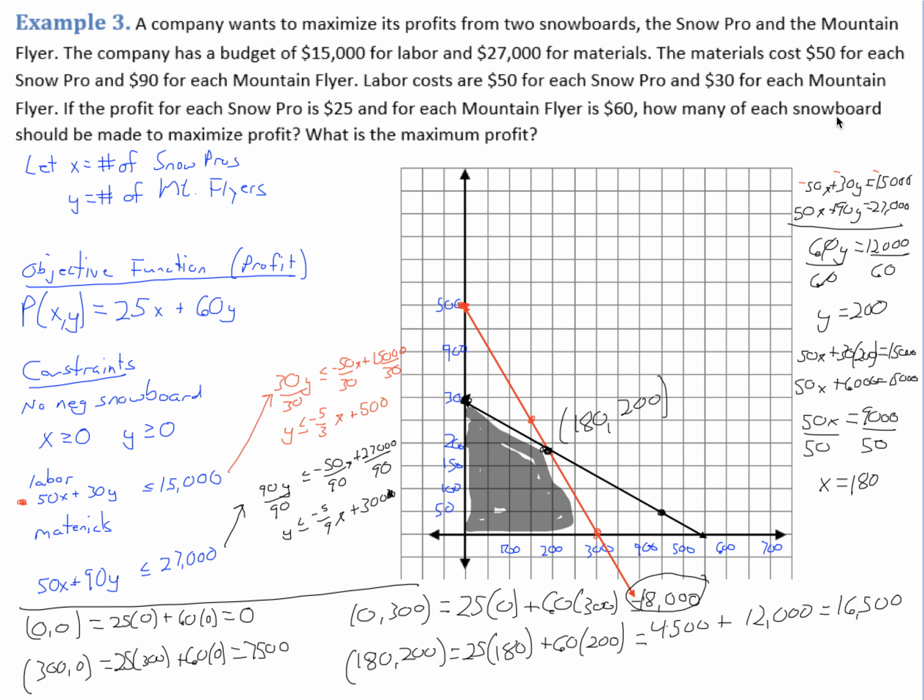So how many of each snowboard should be made? 0 snow pros and 300 mountain flyers.